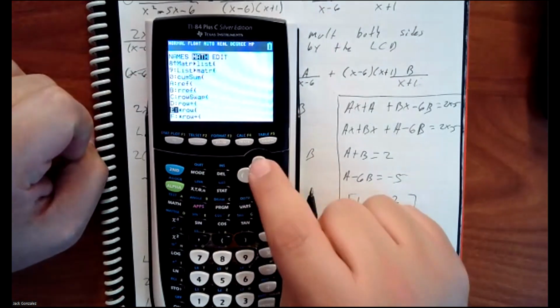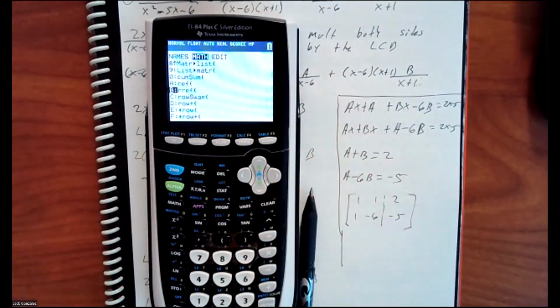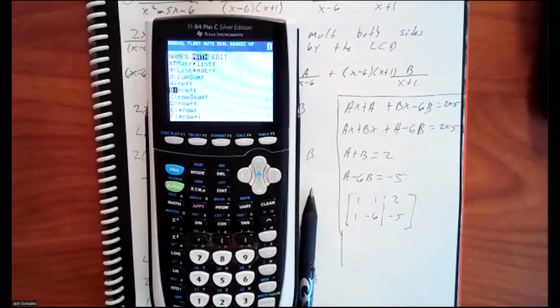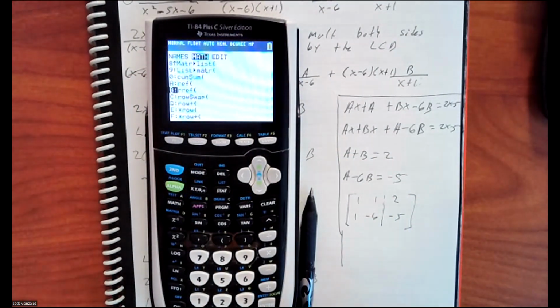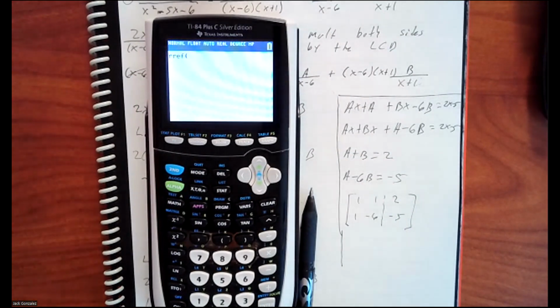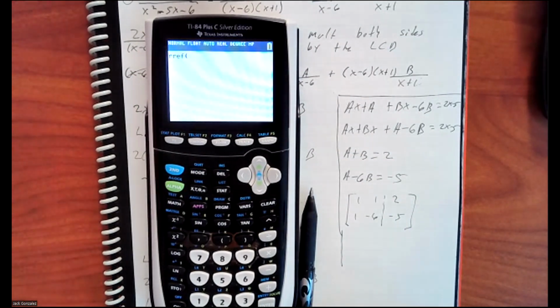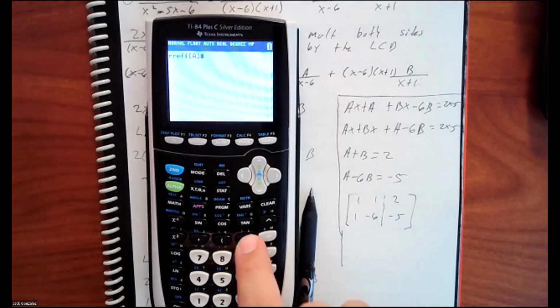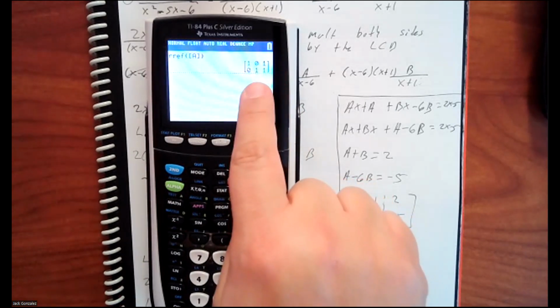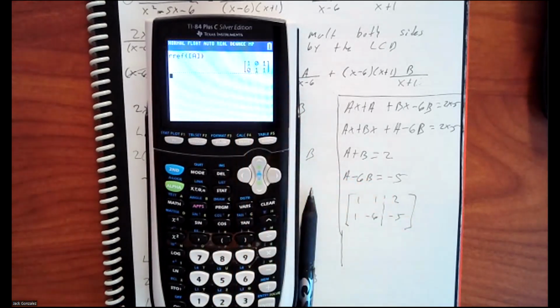Go all the way to the bottom. And you're gonna find RREF. So that's row reduced echelon form, which basically solves it for you. So now it's waiting for a matrix. So press enter on RREF. Back over there. Choose the A. And that's it. So A is 1, B is 1. Right, that's how you read the matrix.